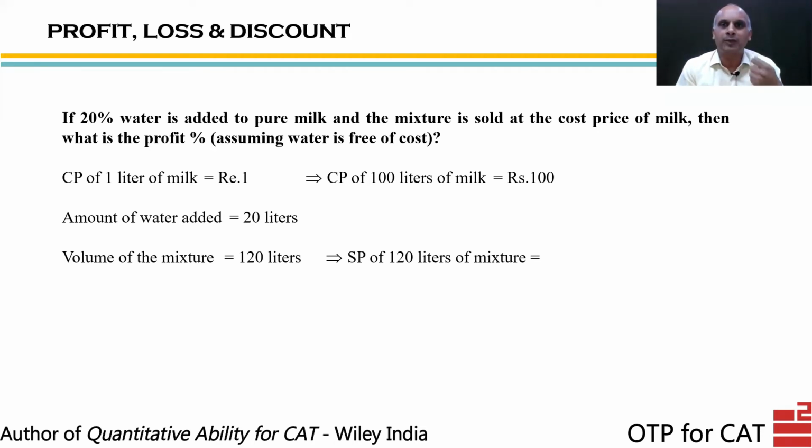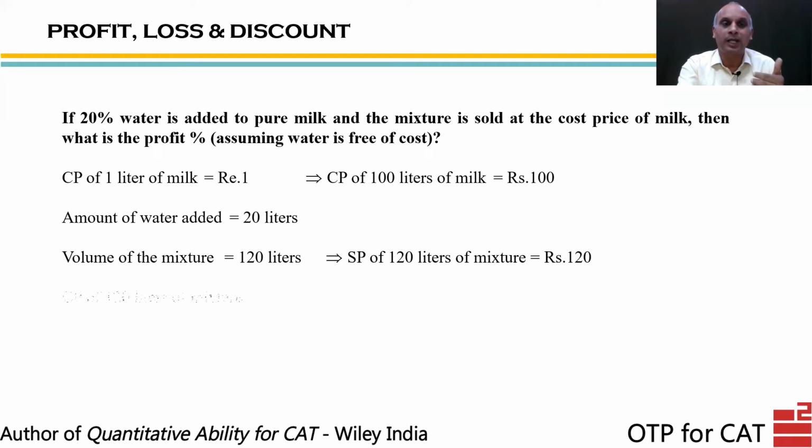And the cost price rate of milk is 1 rupee per liter. So if the customer is seeing that 120 liters of a mixture is there, he is assuming it's obviously pure milk. He doesn't know the milkman has added some water to this. So if the volume of the mixture is 120 liters, it will be sold at 120 rupees because it is sold at the rate of cost price of milk, which is 1 rupee per liter. So my SP will be 120 rupees.